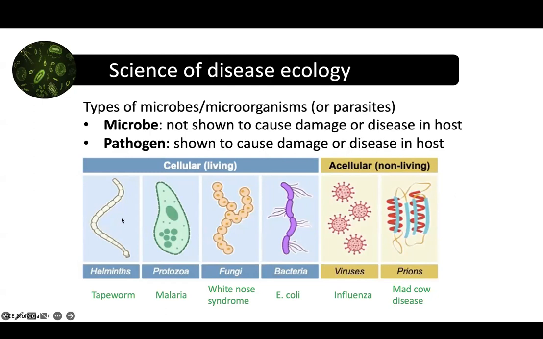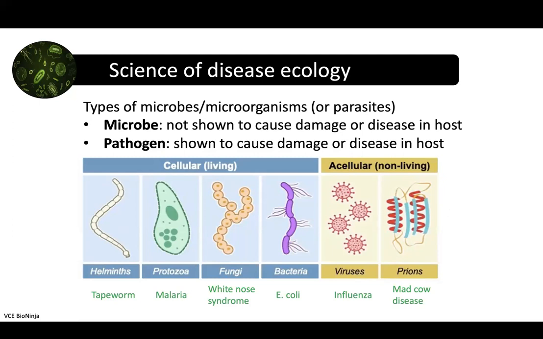I'm not sure if you can see my mouse, but they're grouped by cellular living or acellular non-living. Almost all of these are parasites because they require a host to complete their replication and life cycles. But microbes is a very broad term that's usually referring to any of these organisms listed below.